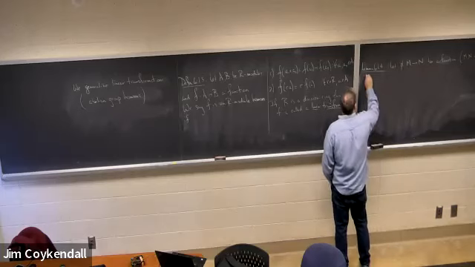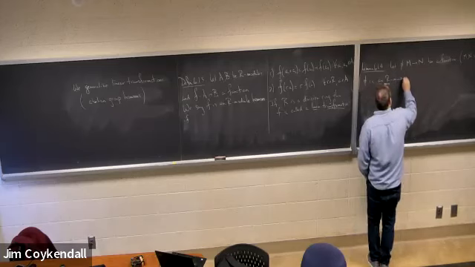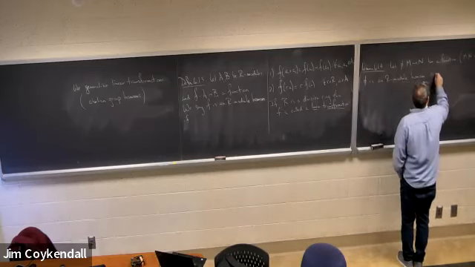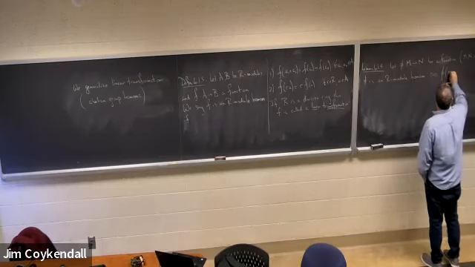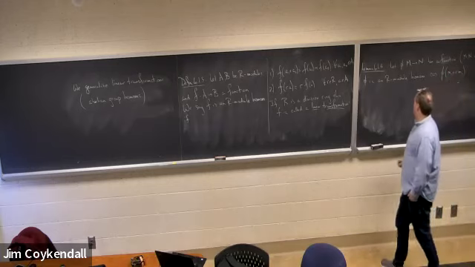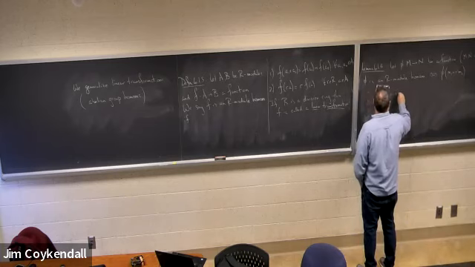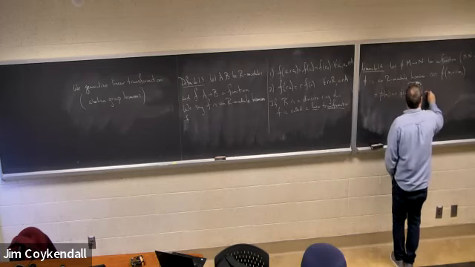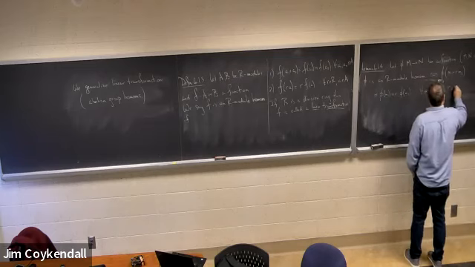Then phi is an R module homomorphism if and only if phi of m1 plus r m2 is equal to phi of m1 plus r phi of m2, for all m1, m2 in M and r in R.